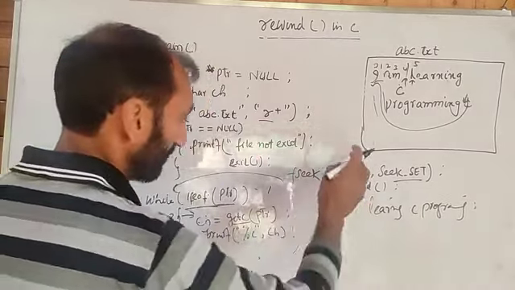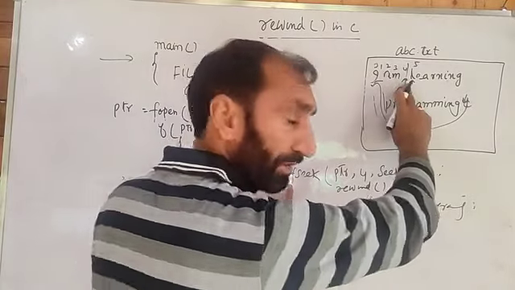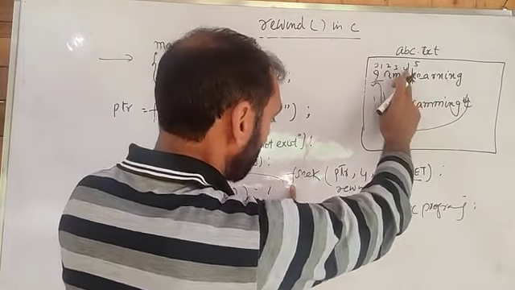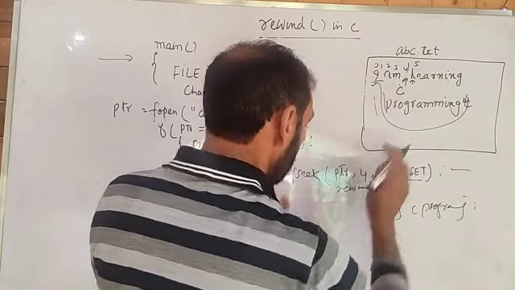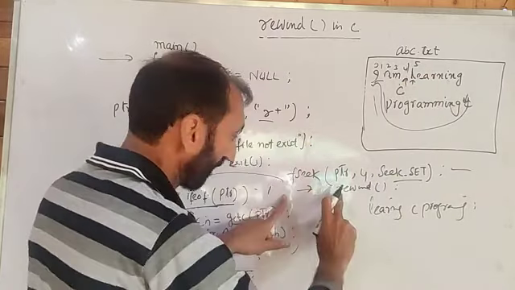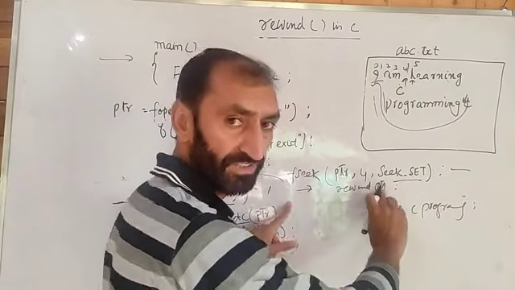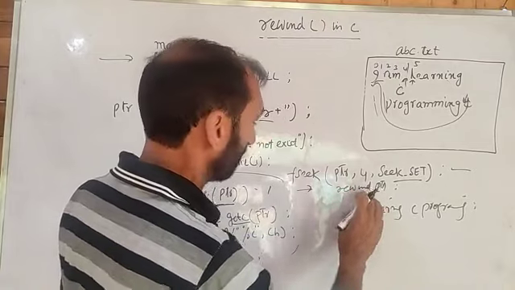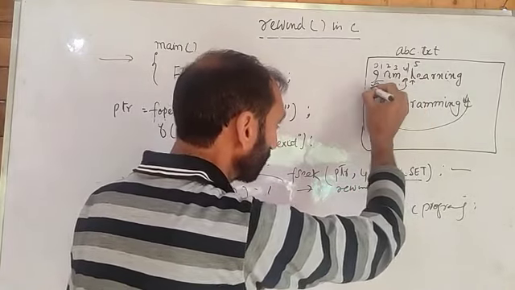What will happen? The fseek function will move the cursor from the 0th index to the 4th index, and after execution of this line, the cursor will be here. But after this, I have written rewind(ptr). It will take only one argument, that is the file pointer. This will bring the cursor back from the 4th index to the beginning.